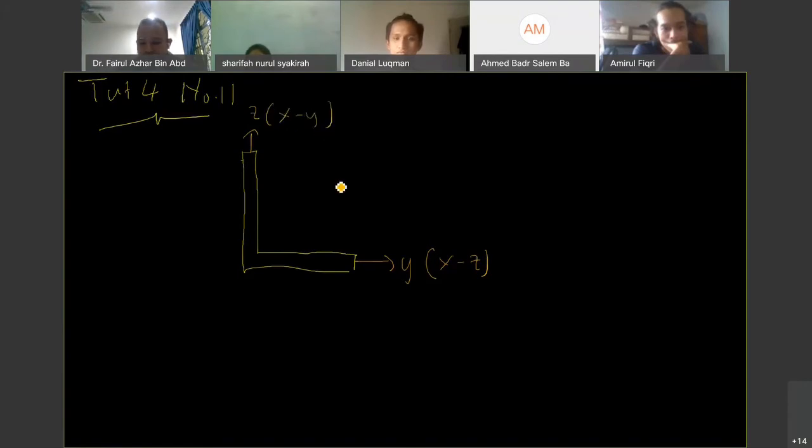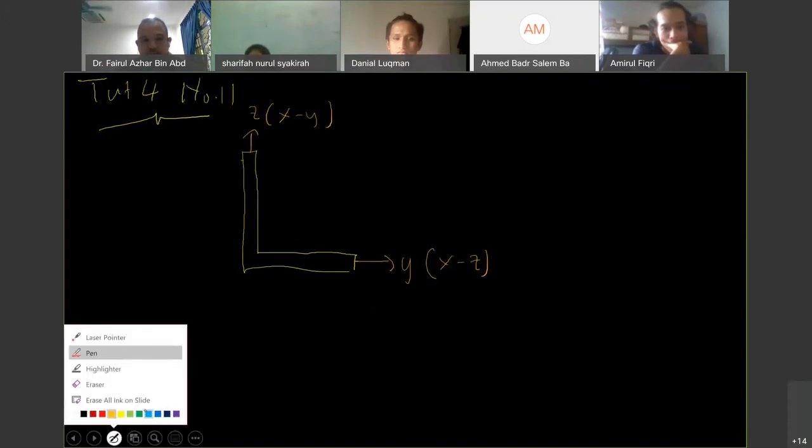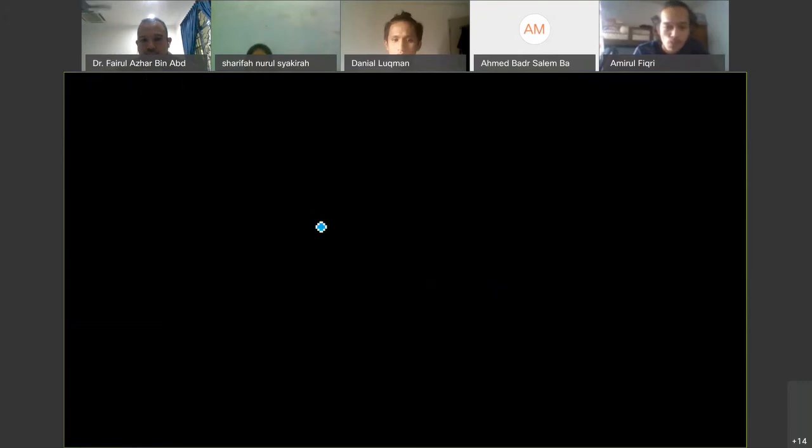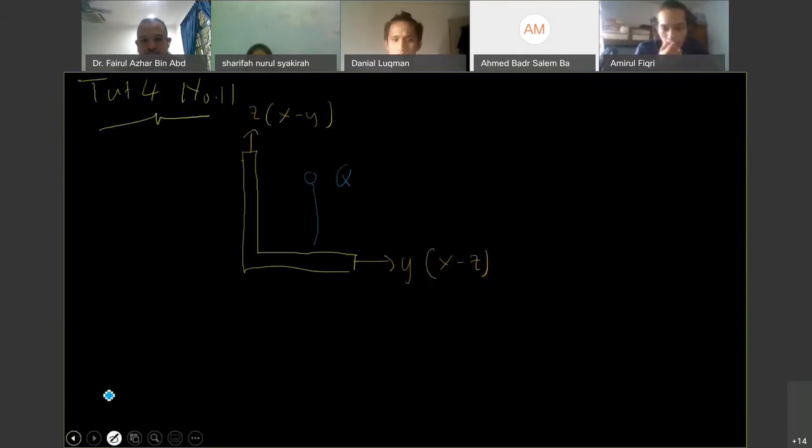Then we have one particle charge here. This one is Q, and Q is located at a distance of d.